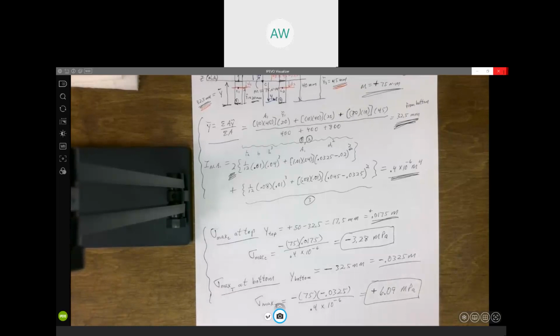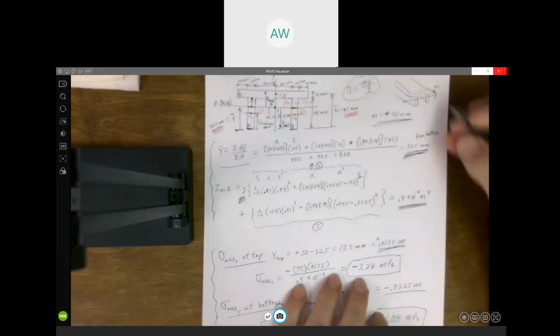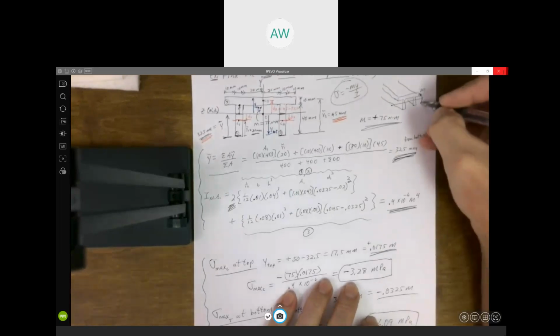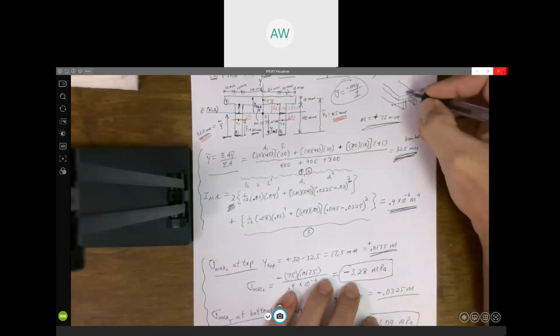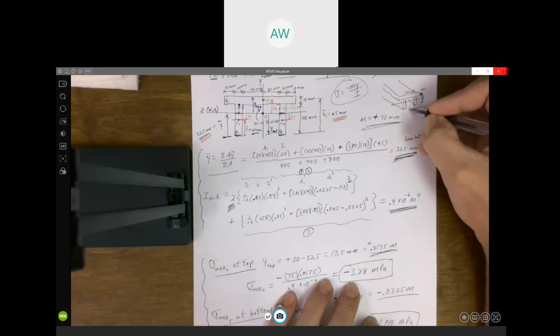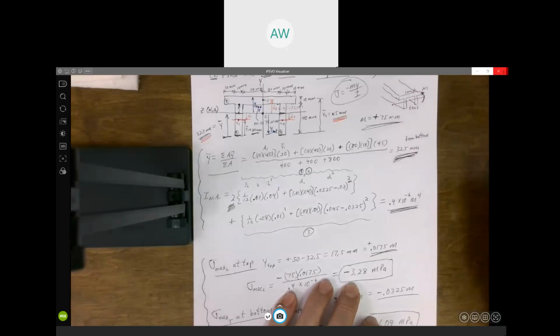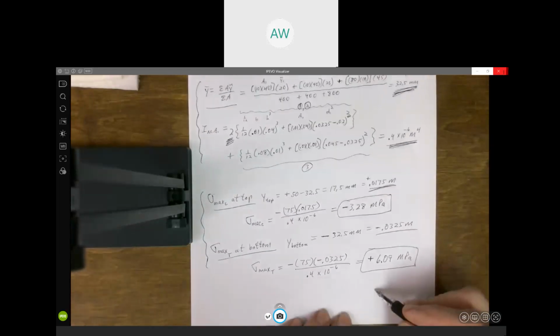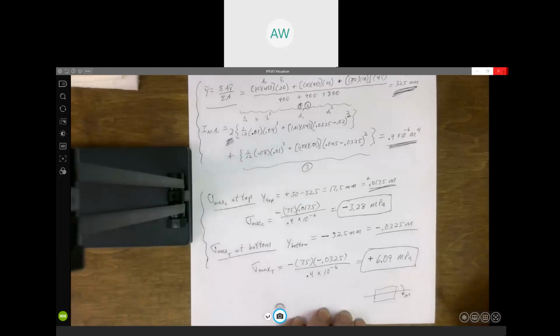Is compression always going to be at the top? If the moment is in this direction, yes. If your moment is acting this direction, you're compressing the top and you're stretching the bottom. If the moment's in the opposite direction, the opposite would be true. Say we had this cross section, but our moment was acting that direction.